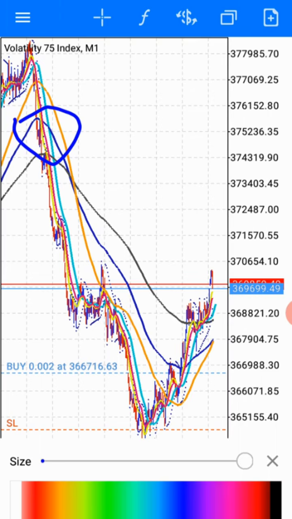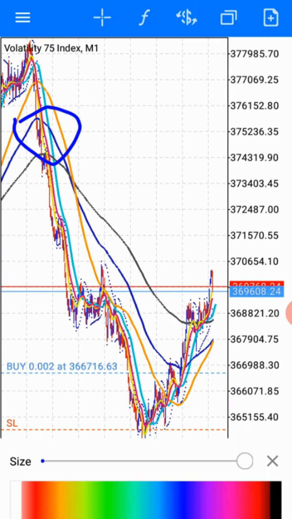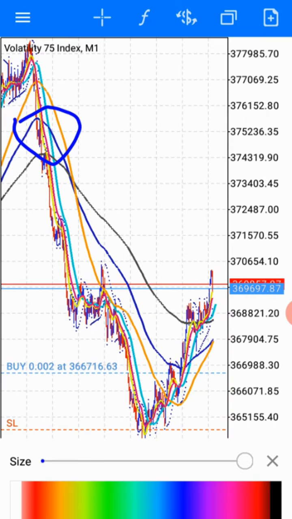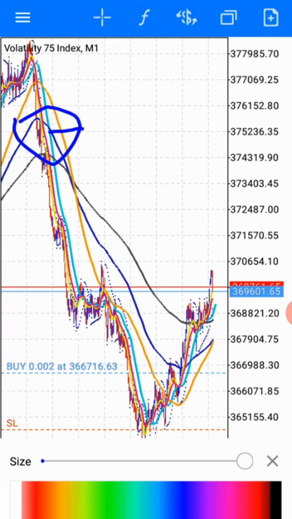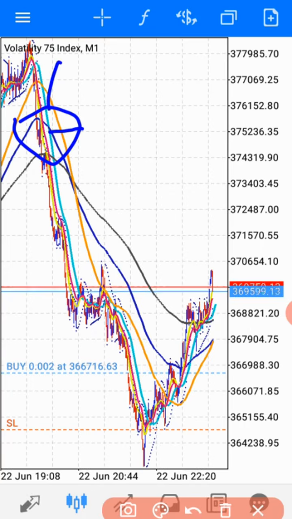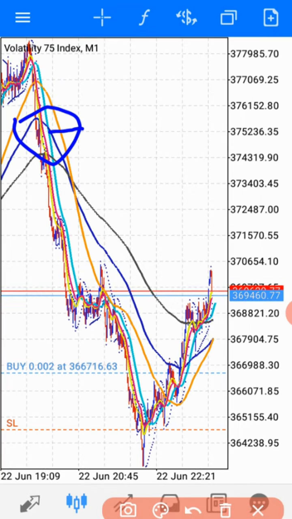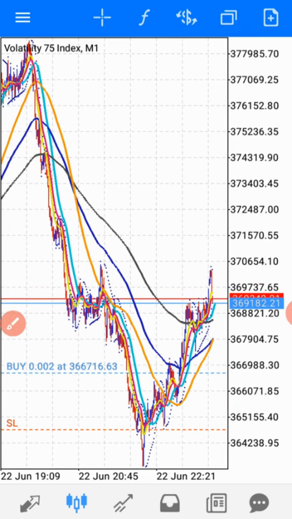Are you getting me? So when you notice that the price was around there and it's crossing here, you hold on, because it's going to do just what happened there, where I circled. See that the price actually retraced that particular place.